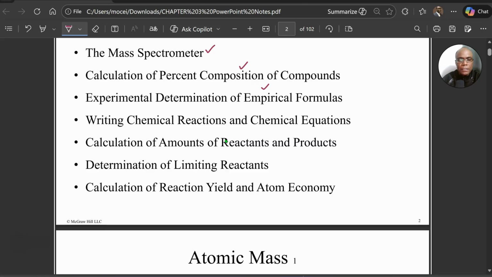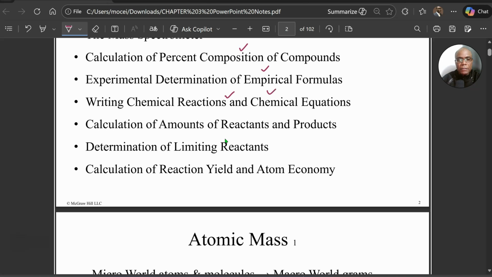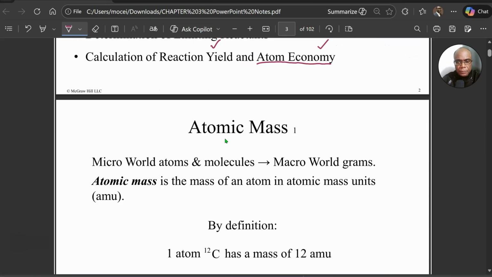Determination of empirical formula, writing chemical reactions and chemical equations, and then calculations of amounts of reactants and products will be done using stoichiometry, balancing the reacting ratios, determining of the limiting reactant, one that is completely consumed, never left over, will be discussed. Calculation of reaction yield in terms of moles, percent, grams will be discussed, and also atom economy based on Dalton's law of conservation of mass.